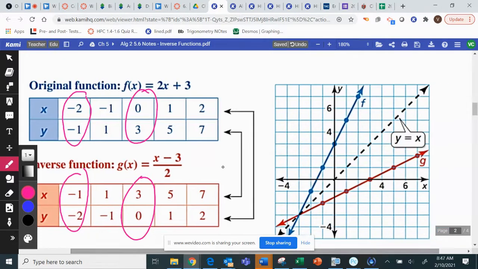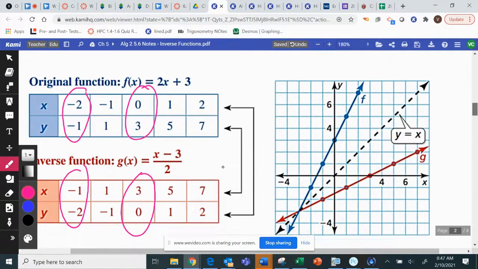When we graph the red points, they are symmetric with the blue ones. But the line of symmetry is the y equals x line. That was really messy. I'm going to try writing that word again.